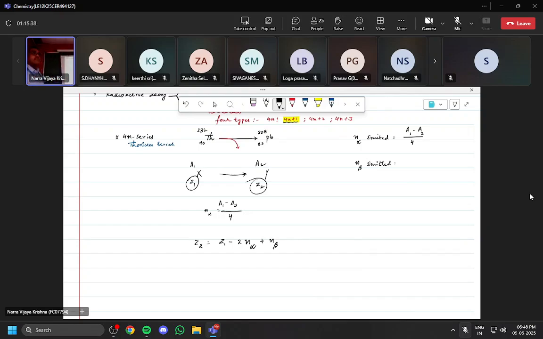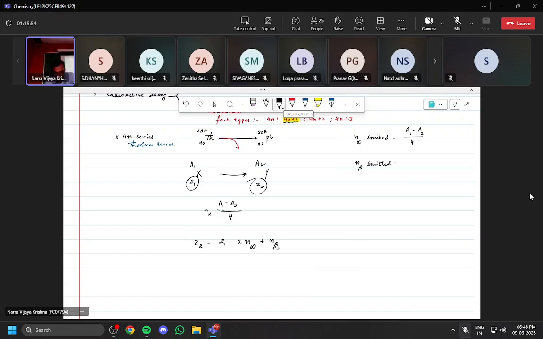Correct or not? If one alpha particle is emitted, the atomic number decreases by 2, so Z1 minus 2. If one beta particle is emitted, it increases by 1 unit. Correct? Any questions?